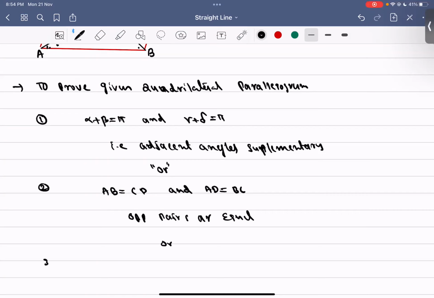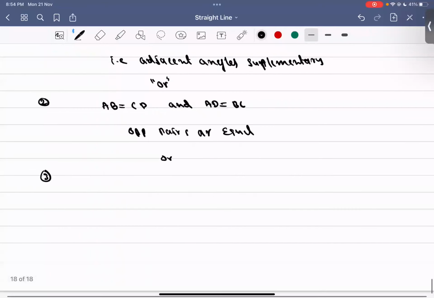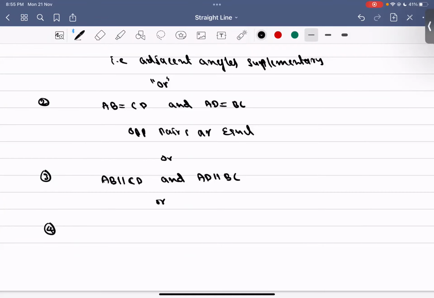Or third way is opposite pairs of sides are parallel, that is AB is parallel to CD and AD is parallel to BC. Or you can do like this also: diagonals bisect each other.